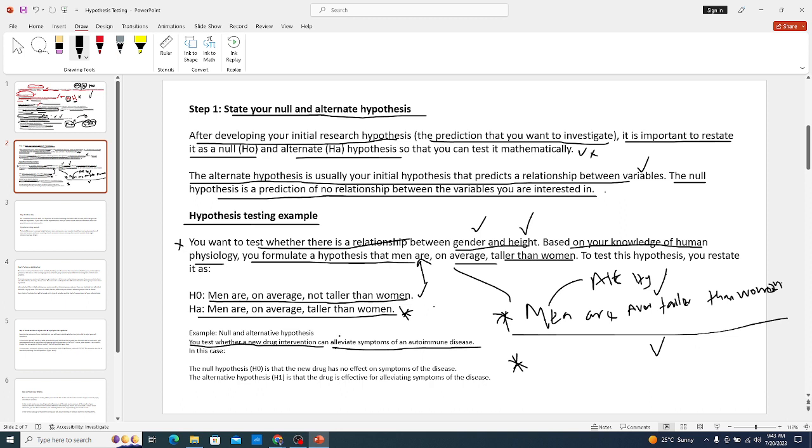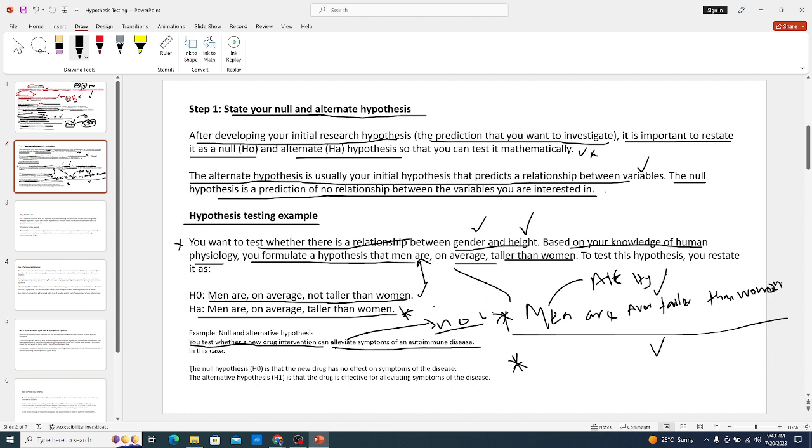The null hypothesis tries to show that there is no effect.